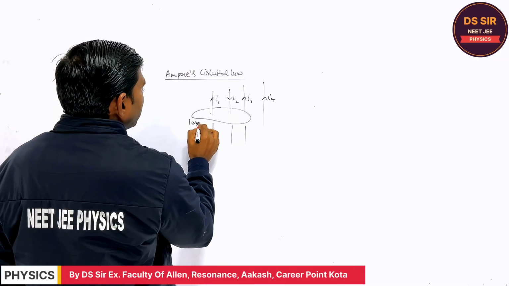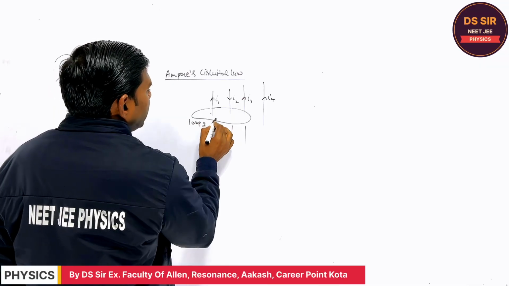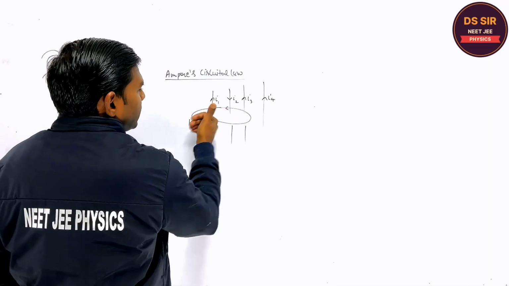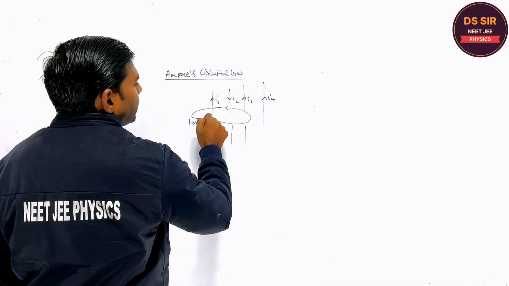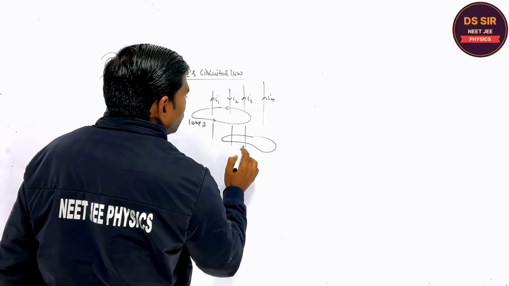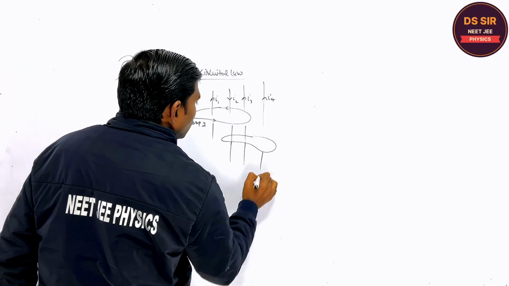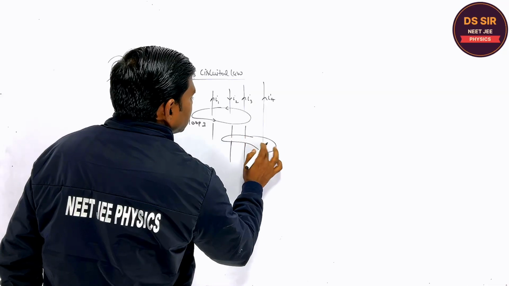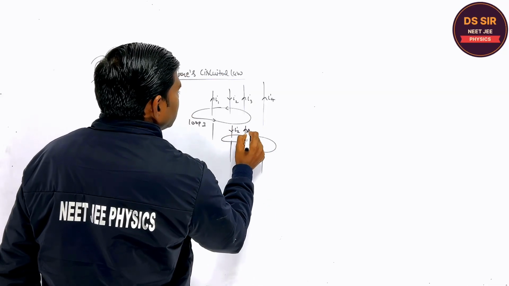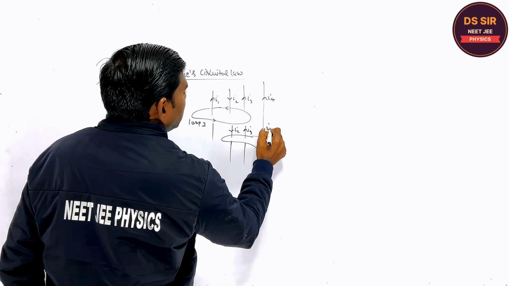Suppose this is loop 1, and its orientation you can assume to be upward, and you consider loop 2 like this. This is loop 2, this is the current I2, this is the current I3, this is the current I4.